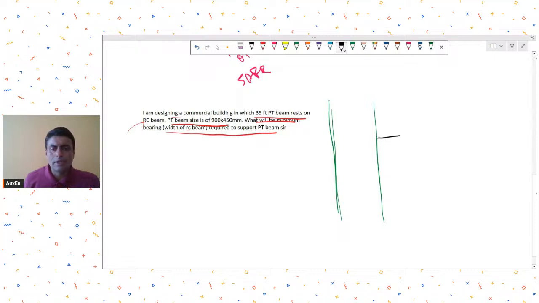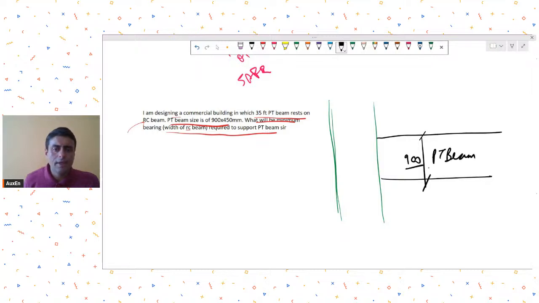So I'm drawing a plan, and this is your PT beam. This is 900 wide and 450 is the depth. And this is the RCC beam on which the PT beam is resting. Now what will be the minimum bearing width required to support the PT beam?